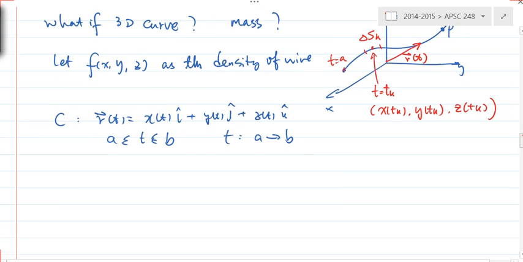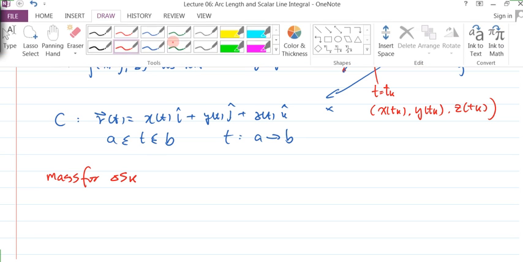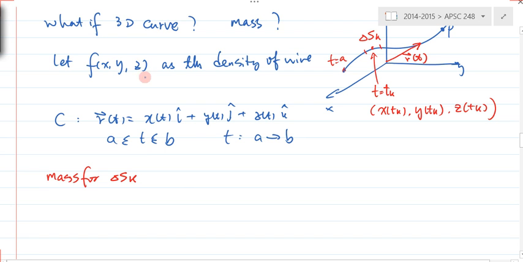So then what would be the mass for this small segment? This is the density function right here, and this is the small segment. As in the previous case, we can assume that the density is constant within the segment.